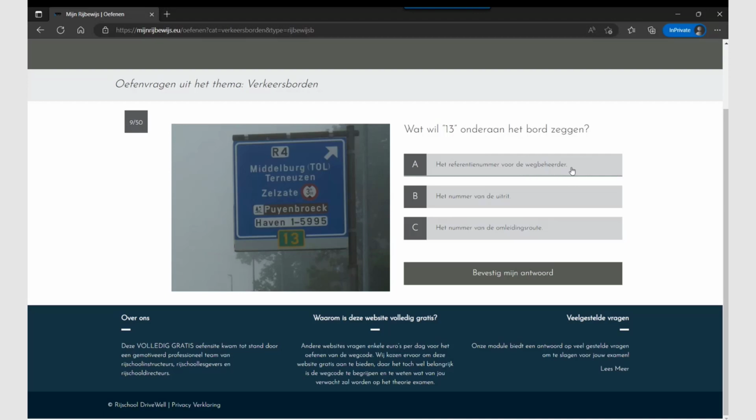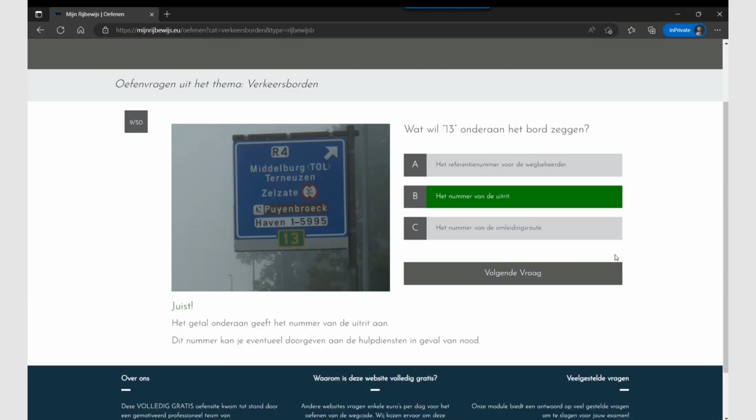For the road, for someone who's managing the road. Option B is the exit number. Option C is an alternate road, so it's an exit. So if you want to exit, this is the exit number, and that's what the correct answer is.